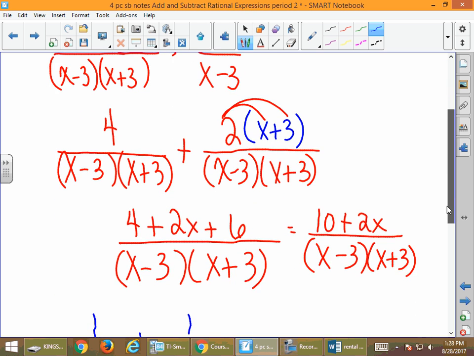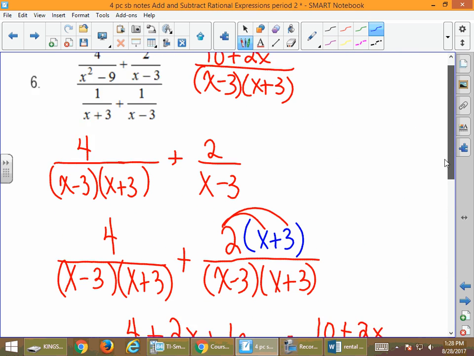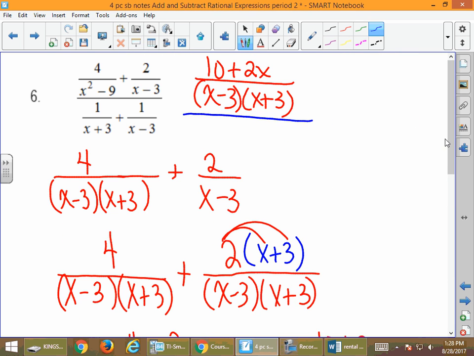That's what we came up with first, and then we came up with 2x divided by x plus 3 times x minus 3. Well, we're dividing this now. We added the top, we added the bottom, but to finish this problem, we need to divide.